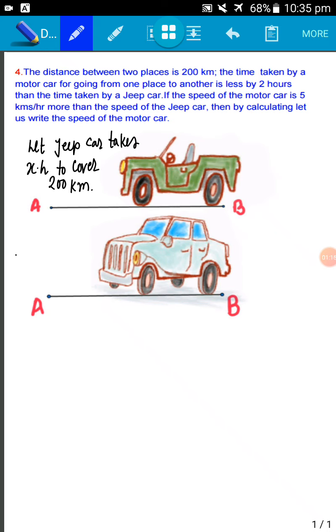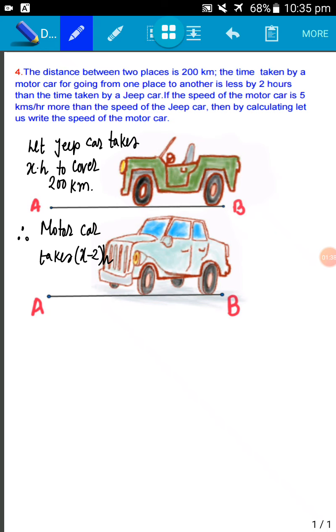Now as it is given that the motor car takes 2 hours less, the jeep car takes x hours, so the motor car takes 2 hours less, so it should be x minus 2 hours.